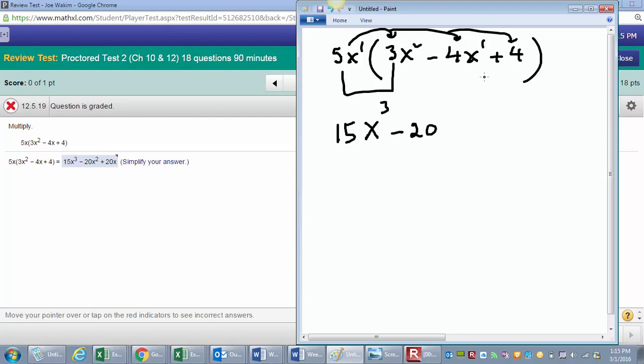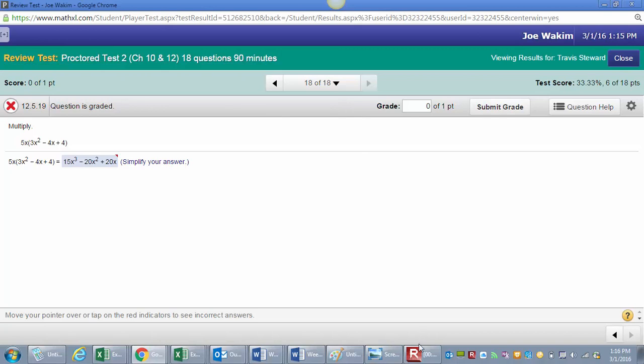X times x, we add the exponents, and that will be x squared. Plus 5 times 4, 20. And then we have x. Final answer. Okay, nothing else we can do here. We cannot simplify because these are unlike terms. Alright, that's it. Good luck.